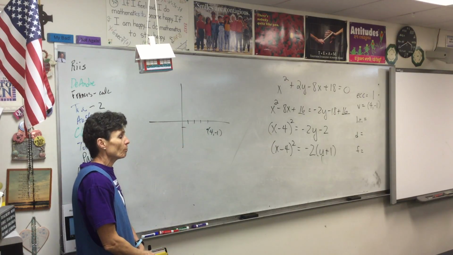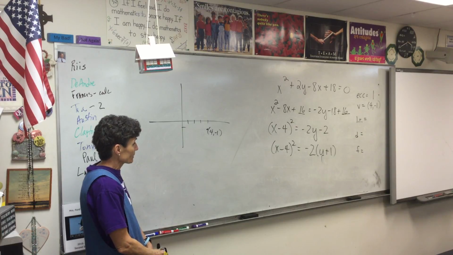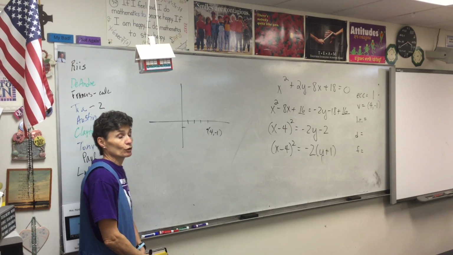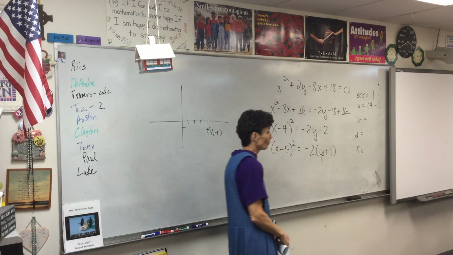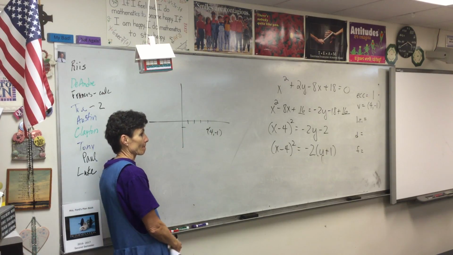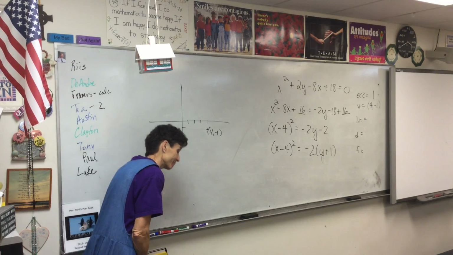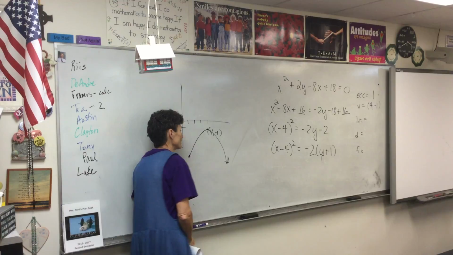Which way does this open? Be careful. Which way does it open? Well, I heard down and left, and those are good choices because this is a negative, but it's one of them. I love the people that are saying down, down, down.